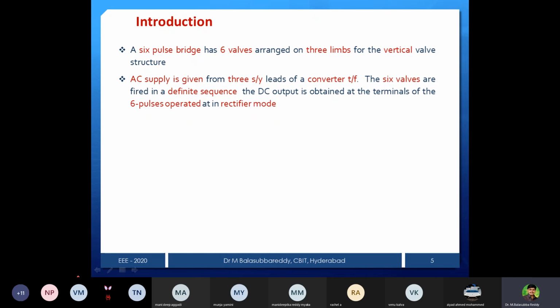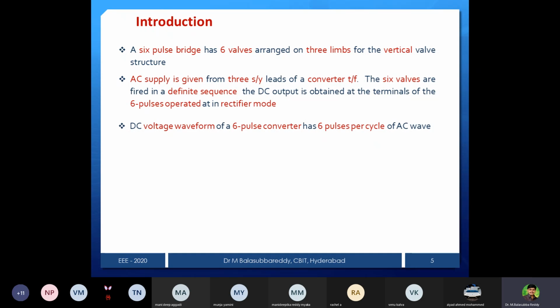DC output is obtained at the terminals of the 6 pulse converter operated in rectifying mode, because the transformer is on this side. The DC output voltage waveform of a 6 pulse converter has 6 pulses per cycle of AC. For one full cycle of the AC supply, you will get 6 pulses in the output.